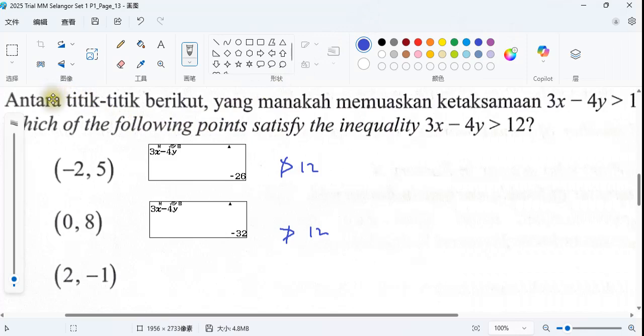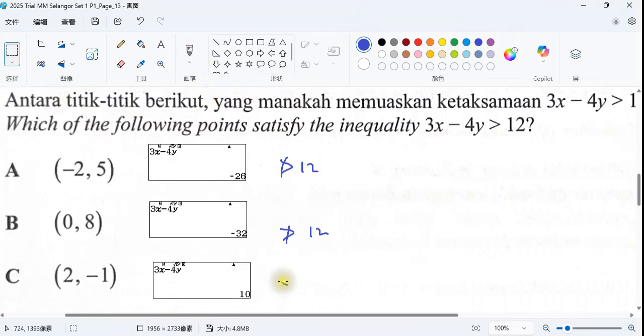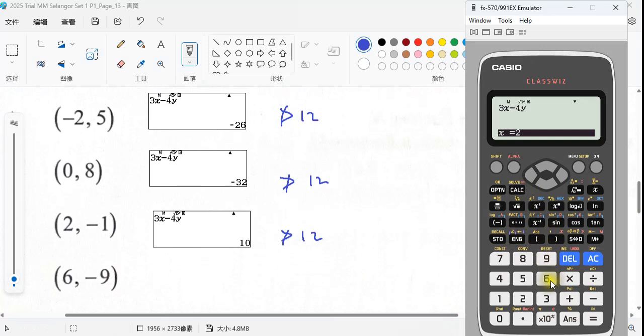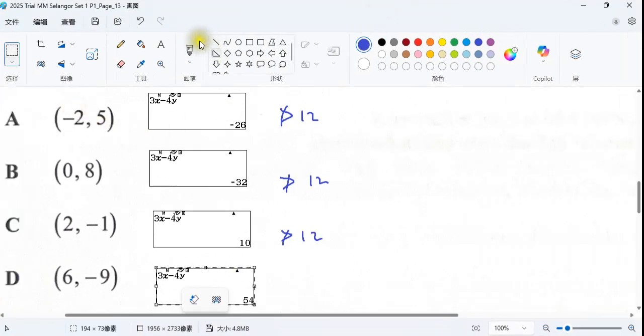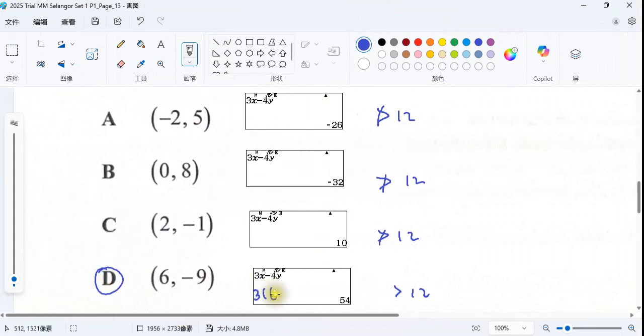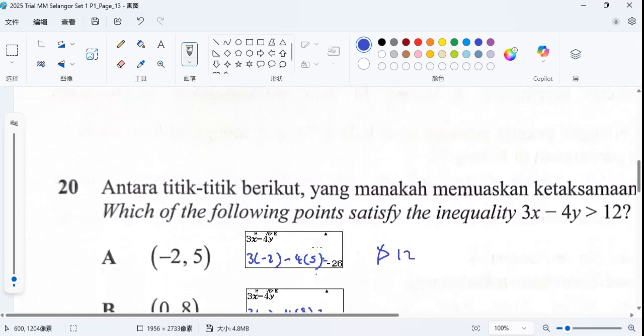So this one also is not greater than 12. And the last one here, we have 6 and negative 9. Then the answer is 54. So this is greater than 12. Okay, correct. So we have 3 times 6 minus 4 times negative 9, 3 times negative 2 minus 4 times 5, 3 times 0 minus 4 times 8, and 3 times 2 minus 4 times negative 1. So this one is from Form 4, Chapter 6, Linear Inequality.